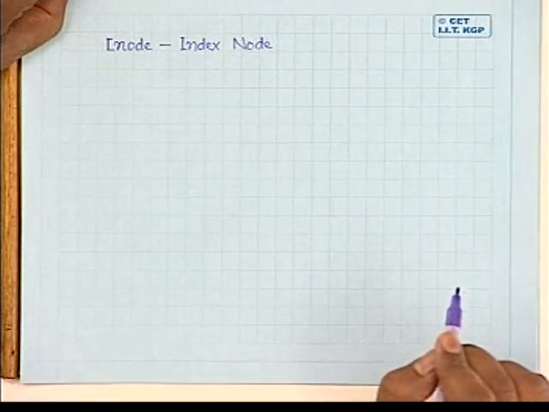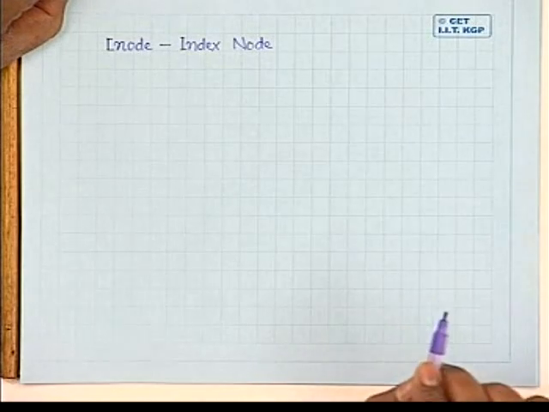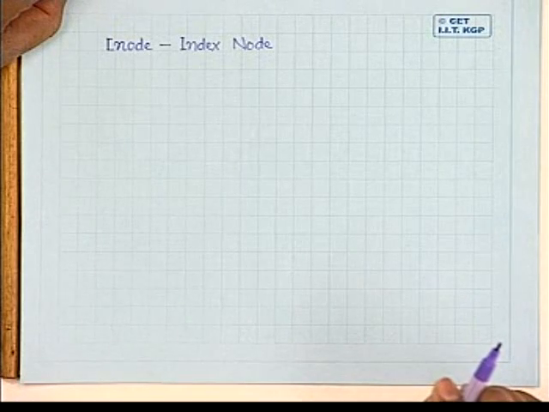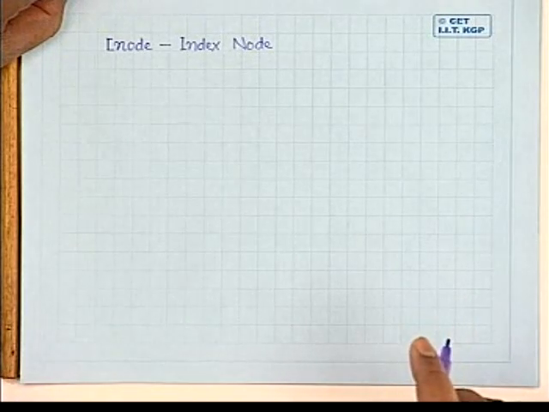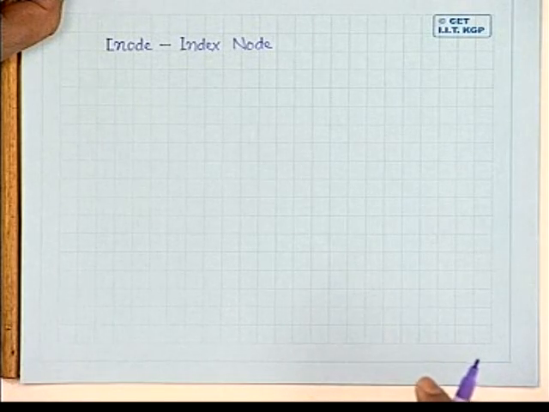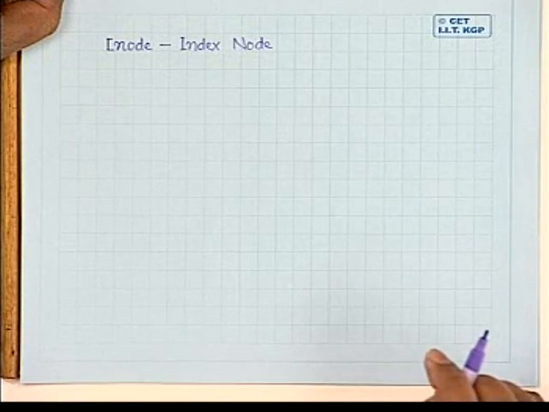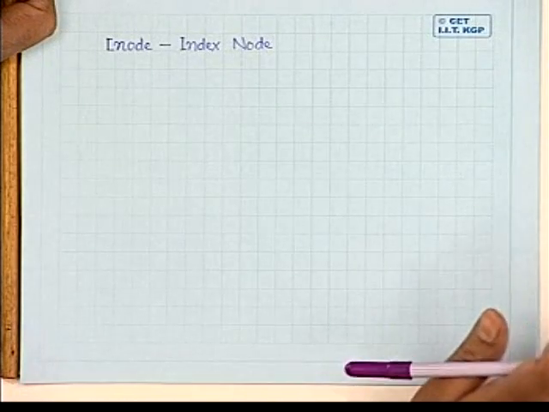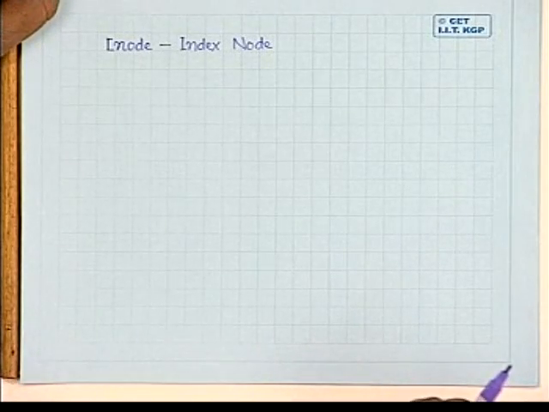This index node stores the disk layout of every file or every directory in the file system. So for every file in the file system, we have an index node. Similarly, for every directory, we will also have an index node. These index nodes are data structures which are also stored on the same file system or on the same disk.